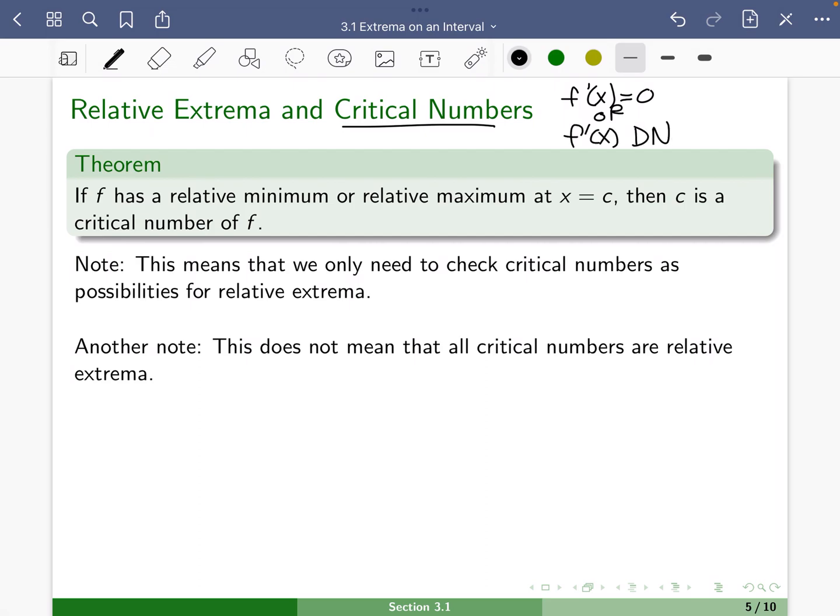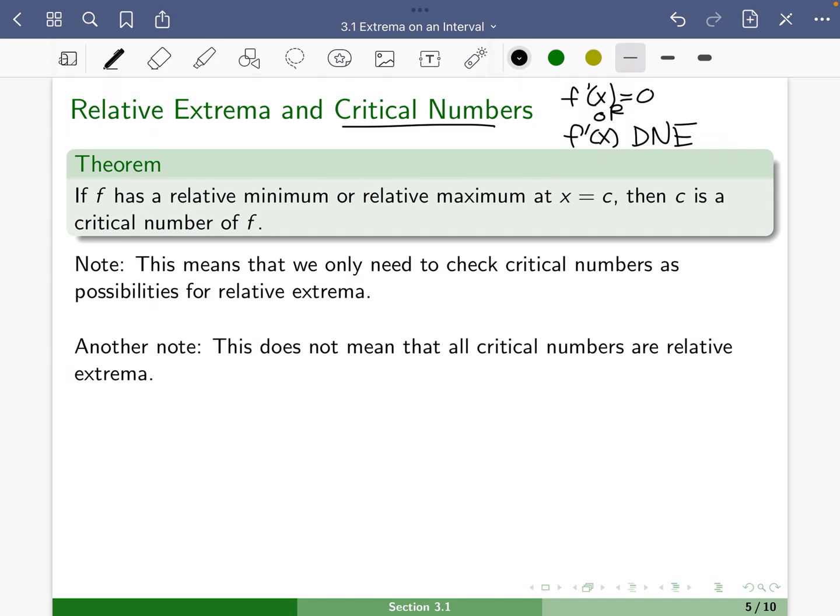In order for the value x to be a critical number, it needs to be in the domain of the function. So you might need to check that. There might be places where the derivative does not exist, but the value wasn't in the domain of the function to begin with.